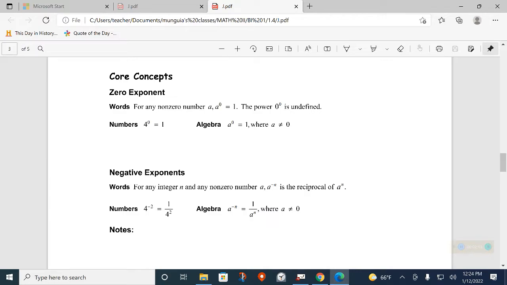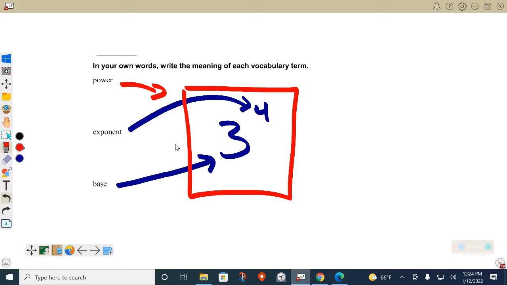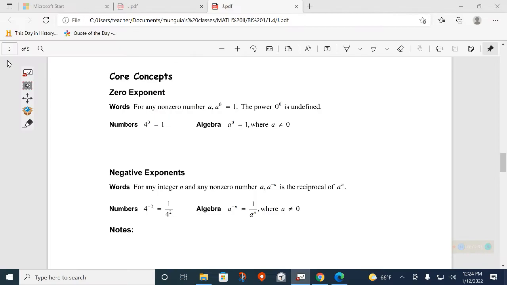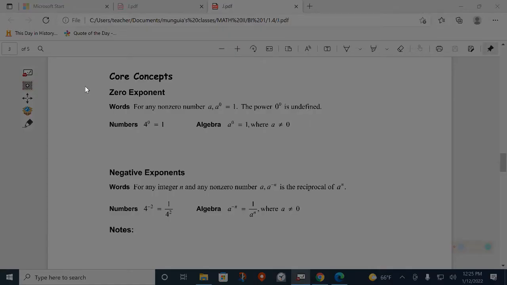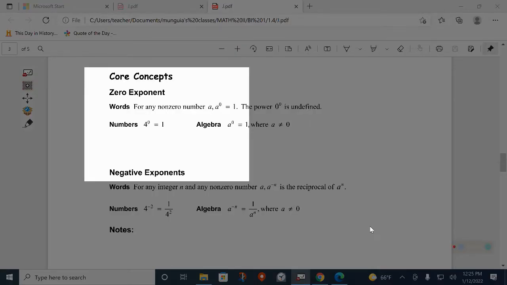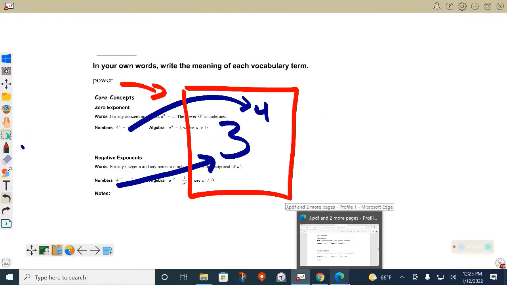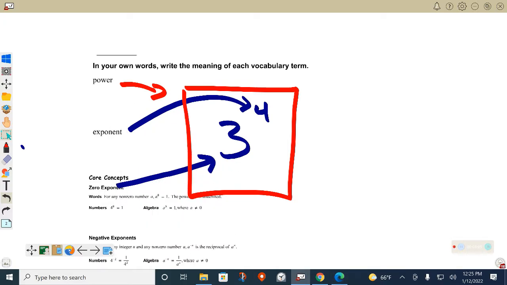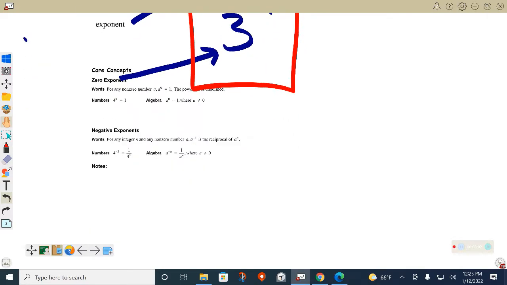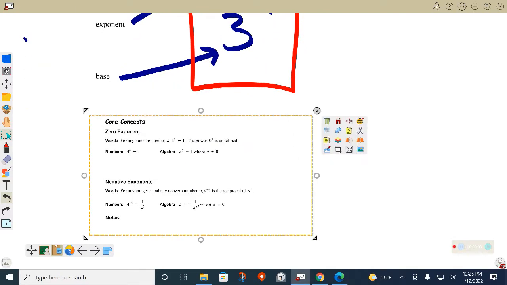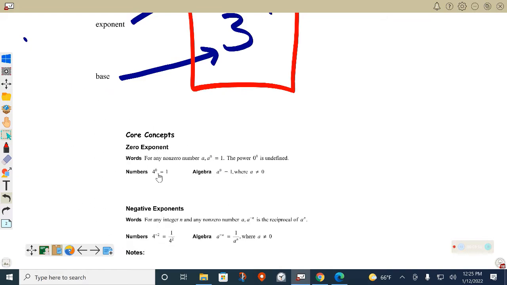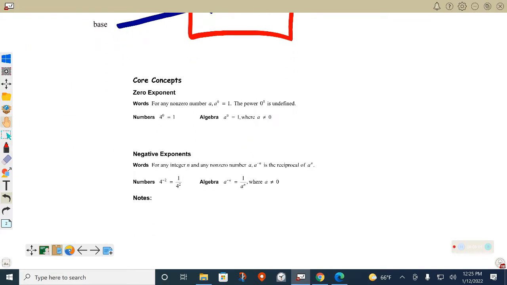Okay, here we go. Watch this. So let's go ahead and, all right, on your note guide, right there where it says core concepts, you see the 0 exponent rule.